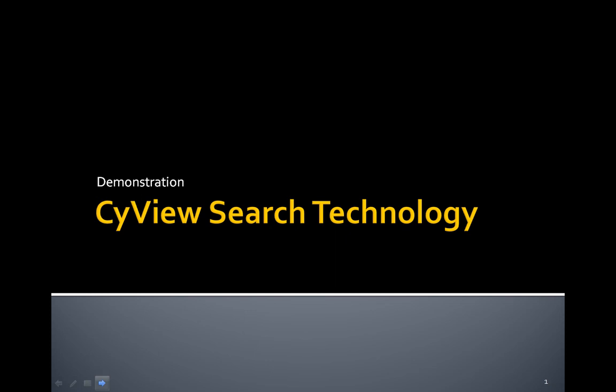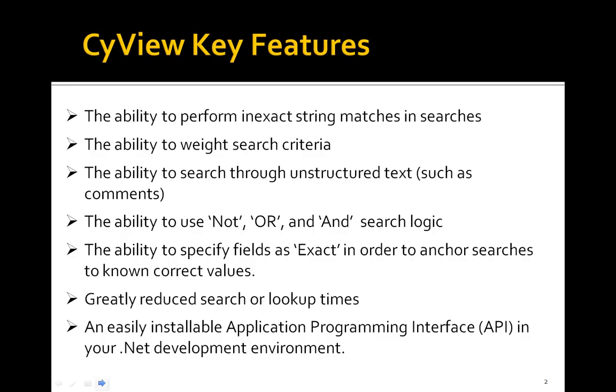The following presentation will step you through a web-based implementation of our query client and demonstrate some of the key elements of these CyView capabilities. It performs inexact string matches, the ability to weight the search criteria, the ability to search through unstructured text such as comments, and also the ability to use Boolean logic such as not, or, and within the fields.